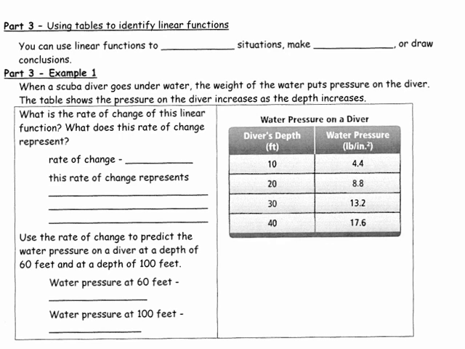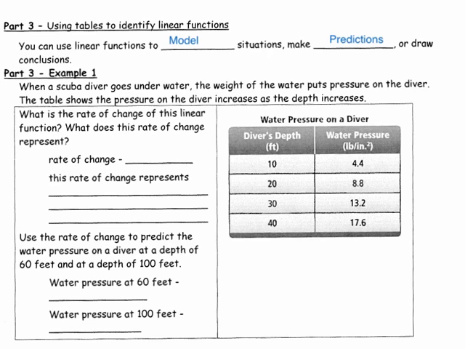Part 3, we are still using tables to identify linear functions, and you can use linear functions to model situations, make predictions, or draw conclusions. Let's take a look at the example about the scuba diver.